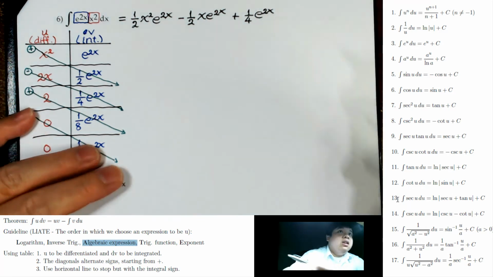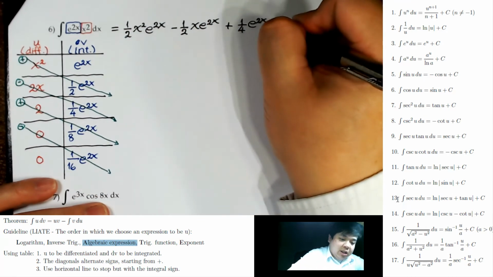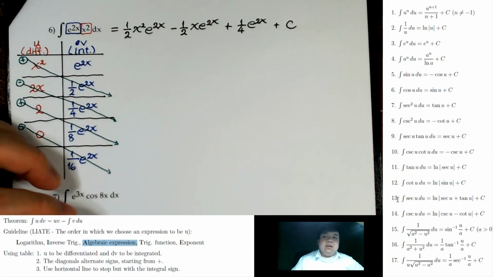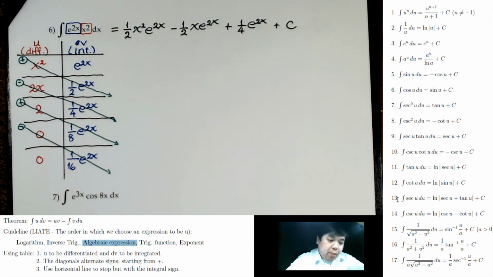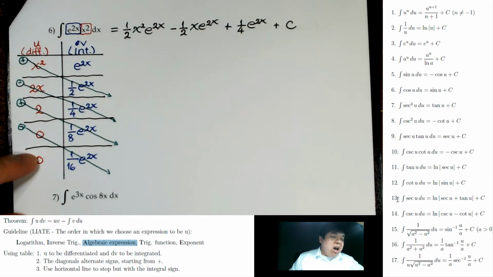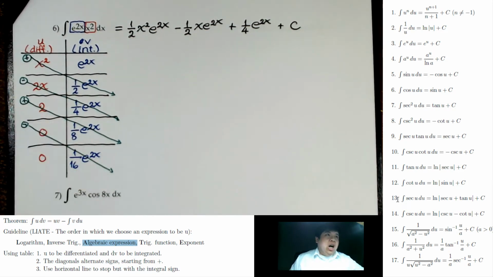And that's it. So just plus the constant c. It would be very nice if we can just do that, especially something that vanishes to 0. So using the table is a lot quicker way to do integration by parts.